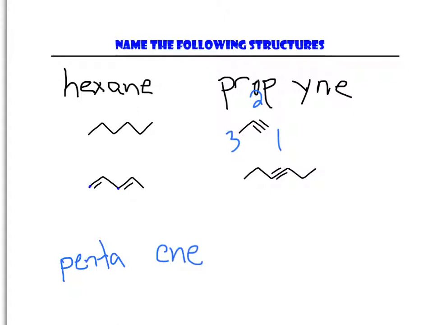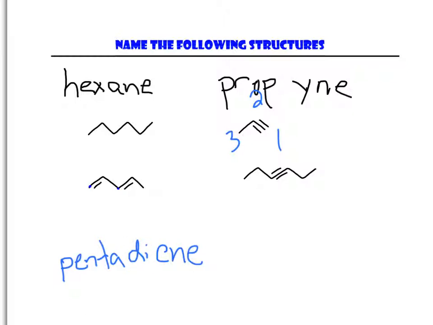And now comes the part where it gets to be a little bit tougher for students. So we have 1, 2 double bonds, which means we need to put this di prefix in here. Because what this di does is it tells us how many of this ending we have. Coming up in this unit, we're going to start to learn about alcohols and aldehydes and all these different types of endings.